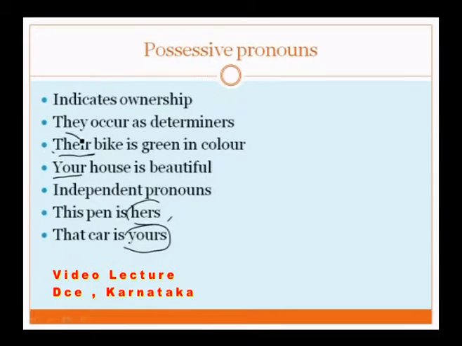Now, instead of saying his bike, I am using their. They are occurring as what? As determiners in the noun phrase. Your house is beautiful. Once again, they are occurring as determiners, your. They occur as independent pronouns. This pen is hers. That car is yours. They come as what? Hers as well as yours.